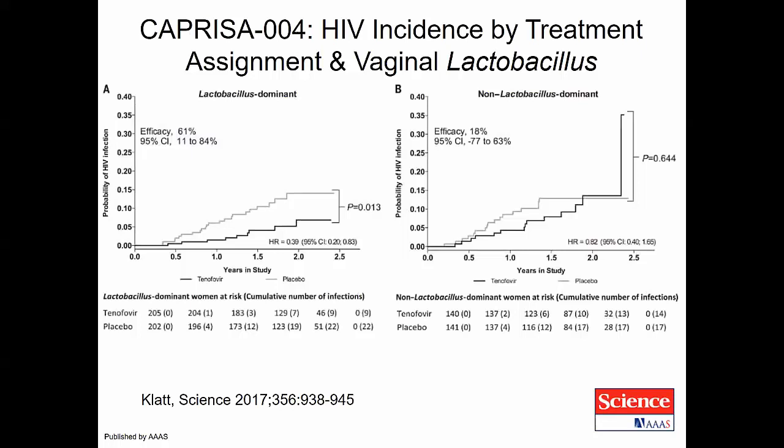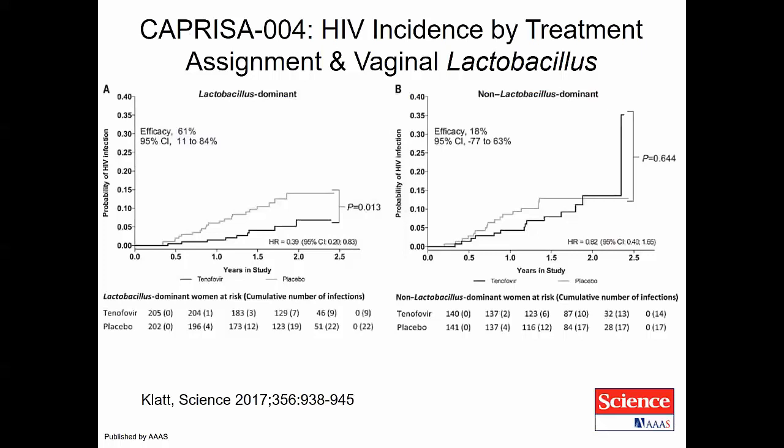A study published recently by Klatt and colleagues and also Lyle McKinnon shows the probability of HIV infection in the CAPRISA cohort over time in women who are lactobacillus dominant. They don't separate out iners and crispatus here, although they do in the supplementary results.